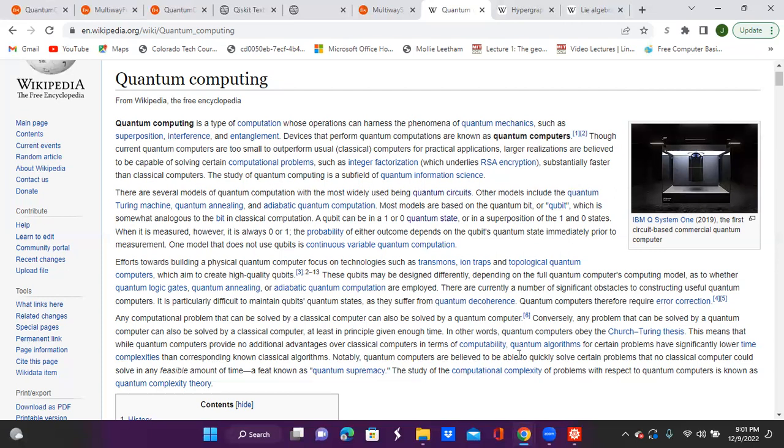But when that many qubits are entangled along with other operator particles, I think it's a different ball game at that point.